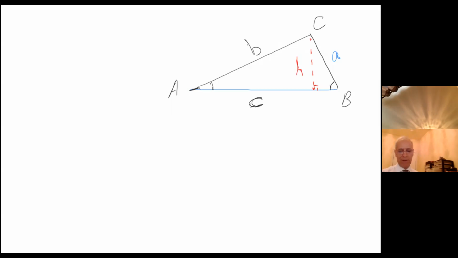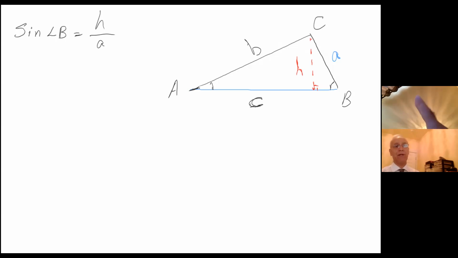Now, what can I say from this picture? One of the things I can say is that sine of angle B equals the side opposite, which is h, over the hypotenuse, which is a for this small triangle. Notice that when we drop the perpendicular from angle C, we made two smaller triangles from the big triangle.